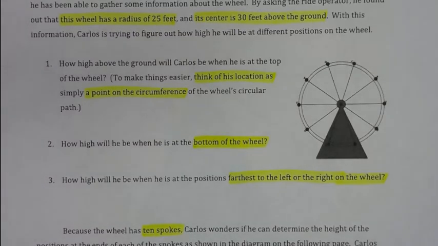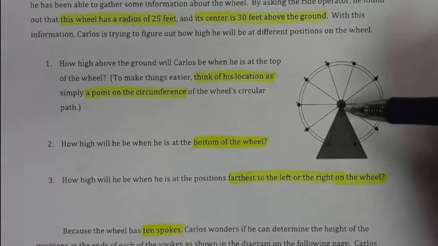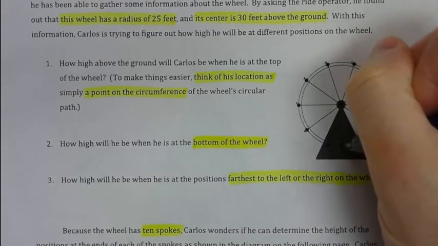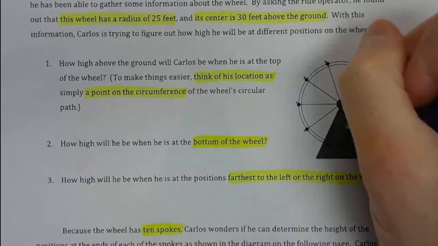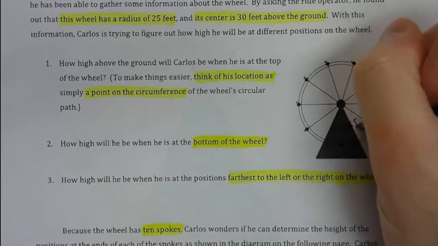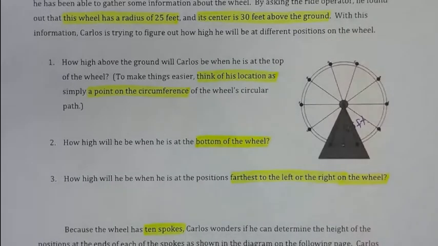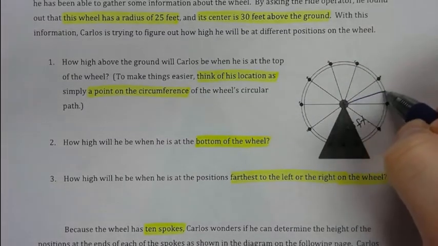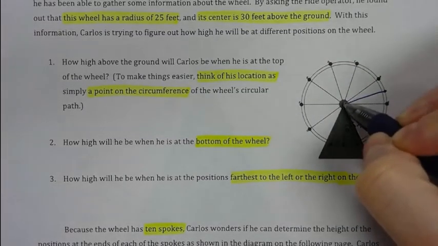We are going to start off with question number one. How high above the ground will Carlos be when he is at the top of the wheel? So we know that the radius of this wheel is 25 feet, from here to the center right there.